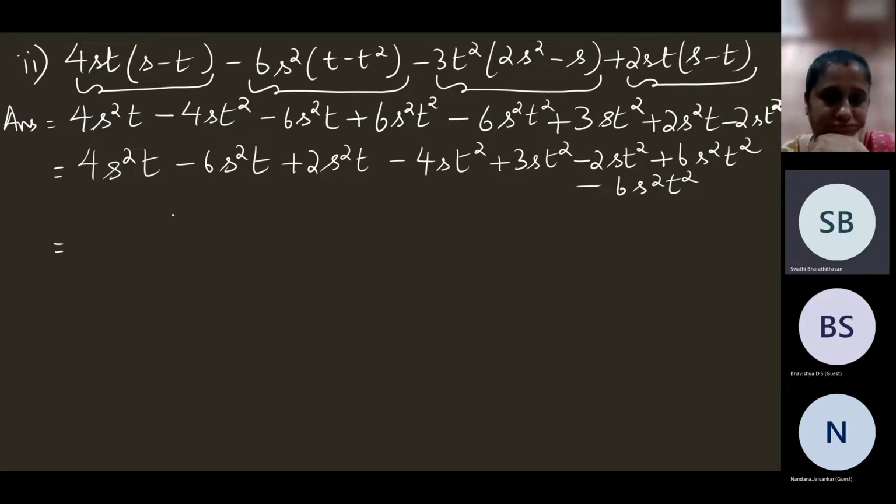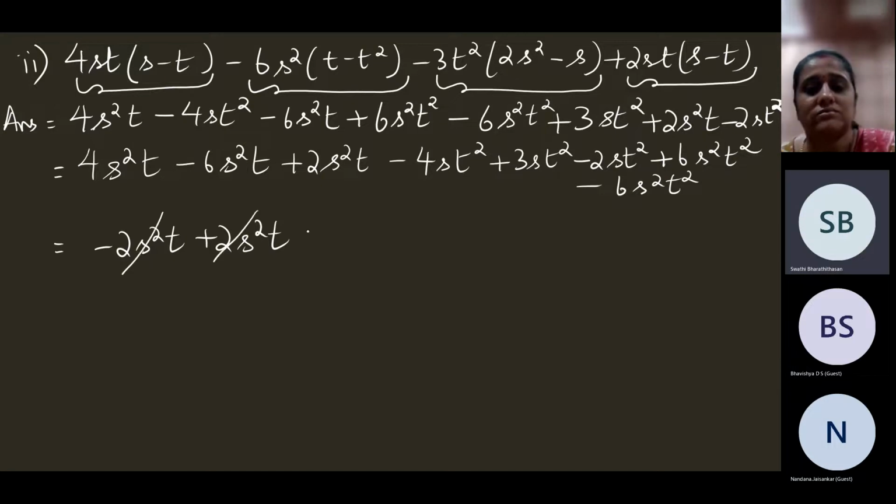Ma'am, after this, when we subtract 4 minus 6, we get minus 2s square t, and plus 2s square t, that's 0, ma'am. Okay. And for st square, when we add minus 4st square plus 3st square, we get minus st square, ma'am.